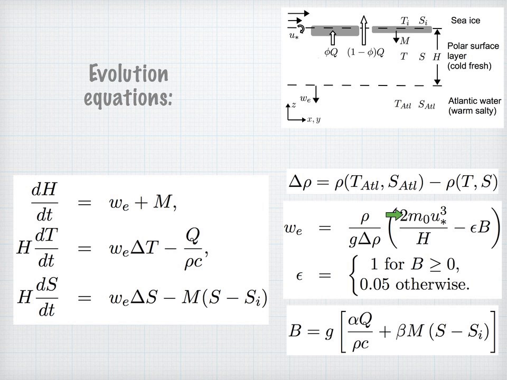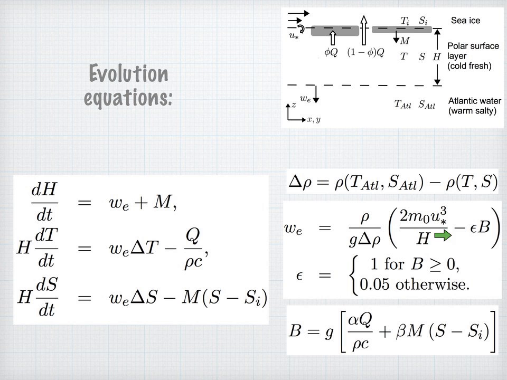One is wind-driven mixing, so this will be turbulent kinetic energy input by the wind. The effectiveness of that at driving entrainment goes inversely as the layer thickness. So as the layer deepens, it becomes less effective. And it goes inversely as the density contrast between the polar surface layer and the Atlantic water. So it's harder to entrain water across the base of the mixed layer if there's a big density jump.